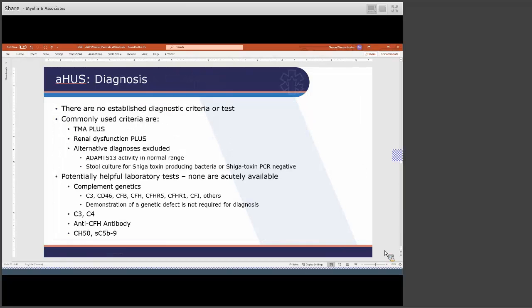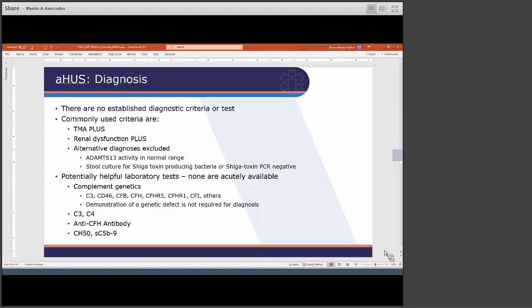So aHUS is a multi-system disease. If we go to the next slide, just like TTP, it can affect brain, it can affect eyes, it can affect GI tract. What makes aHUS particularly difficult is because there are no established diagnostic criteria or tests.